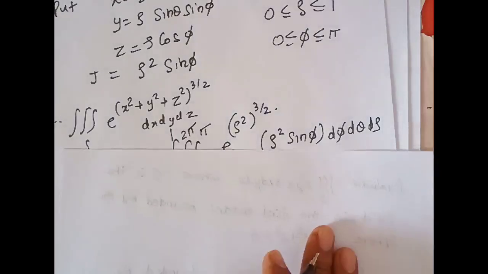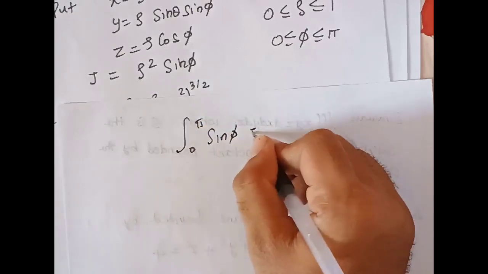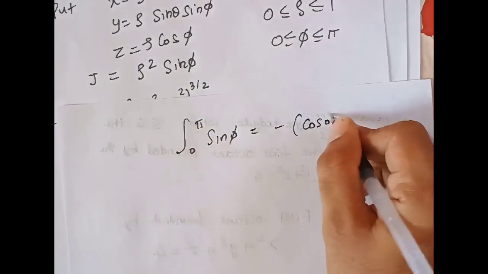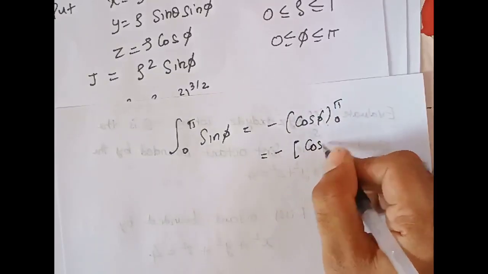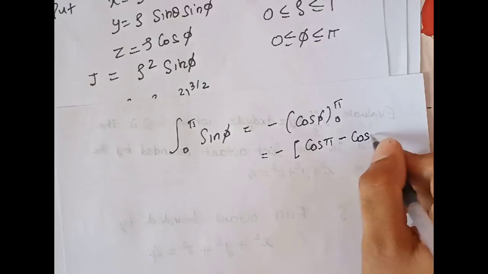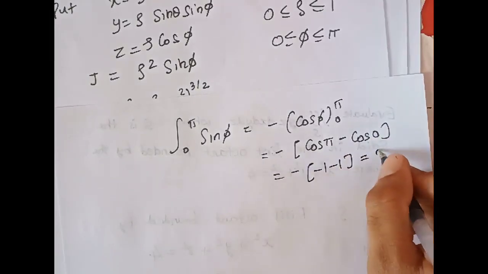Okay, so the integral from 0 to pi of sine phi is minus cos phi from 0 to pi, that is minus cos pi minus cos 0, which is minus minus 1 minus 1, or finally we can say it is 2.